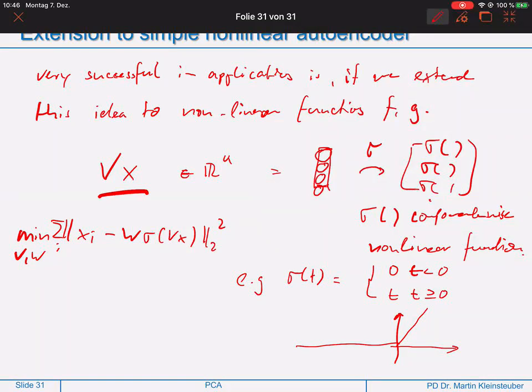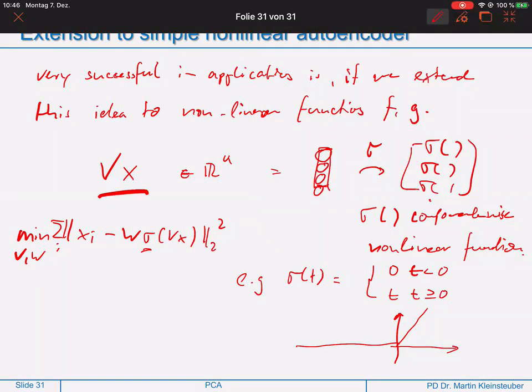you will see that due to this nonlinearity, it's not very easy. It cannot be computed in terms of a singular value decomposition, but you have to compute it with different optimization tools in that case.